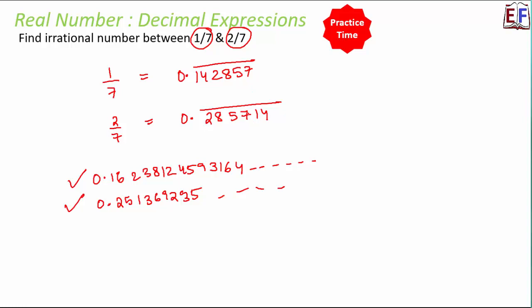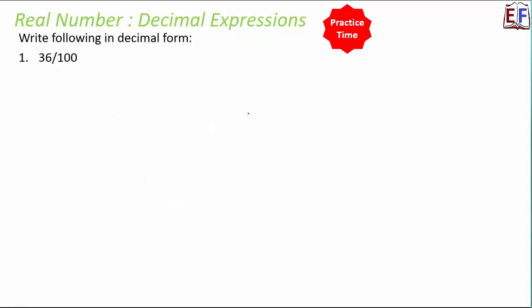So the entire logic is that it has to lie between these two numbers, and it has to be non-repeating and non-terminating. So moving ahead with the next question, write the following in decimal form. 36 by 100. So 36 by 100 can be written as 0.36, and this is a terminating decimal. 1 by 11. So if we actually convert it into the decimal form, what do we get? We get 0.09 bar, because it keeps repeating. So this is non-terminating and repeating.